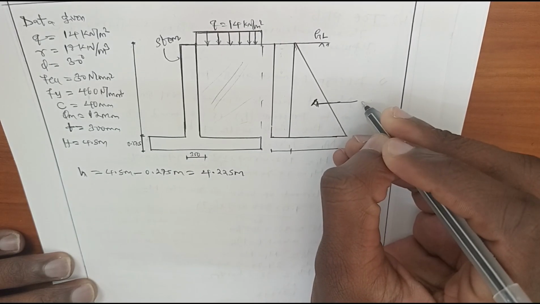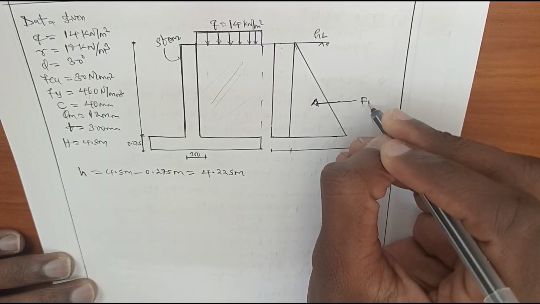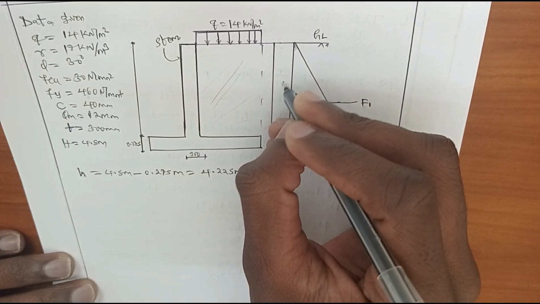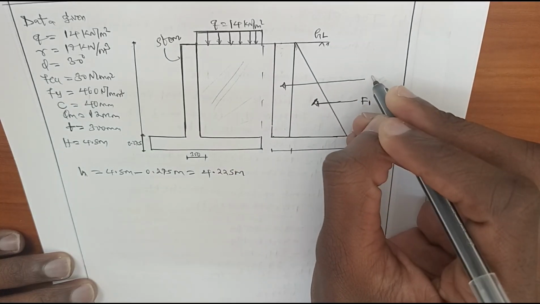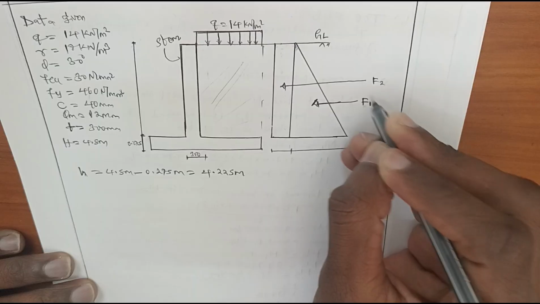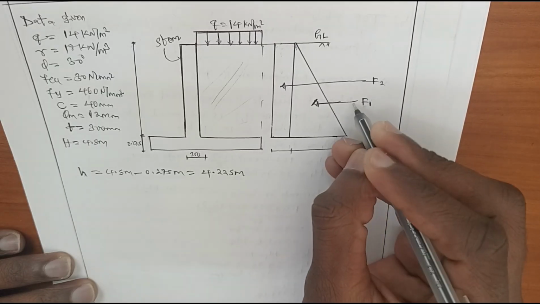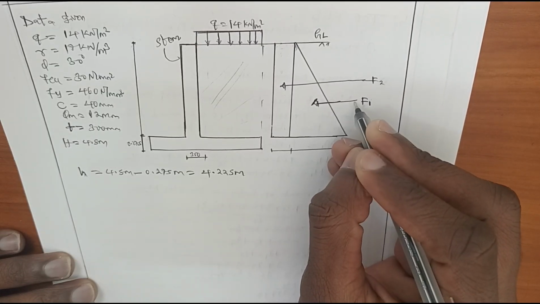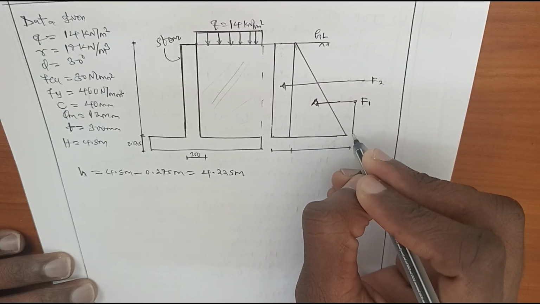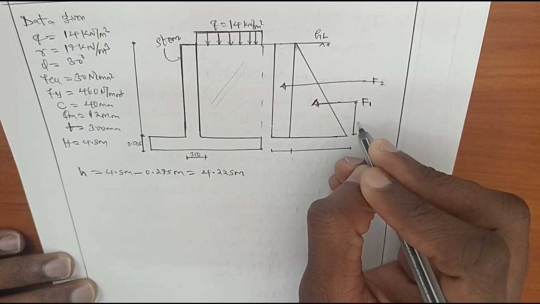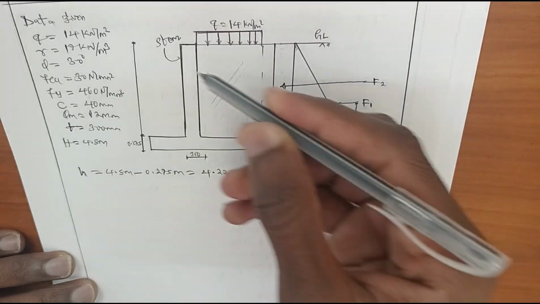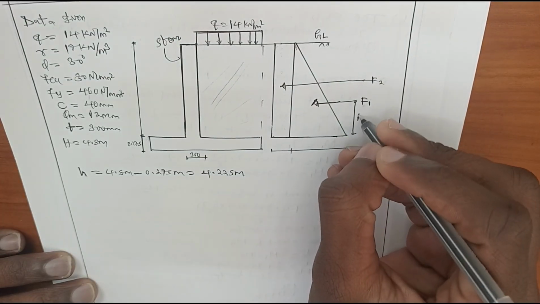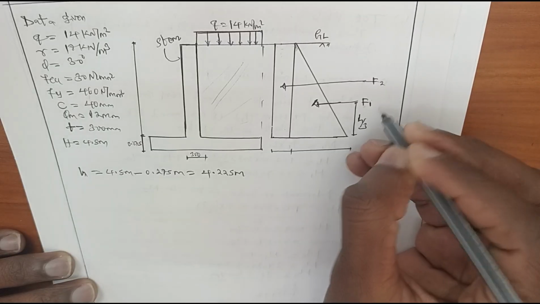Let's say F1 is the horizontal force due to the soil, and F2 is the horizontal force due to surcharge. The distance from the base up to where the horizontal force due to soil pressure acts is usually taken as the total height of the stem divided by 3, so it will be equal to h divided by 3.